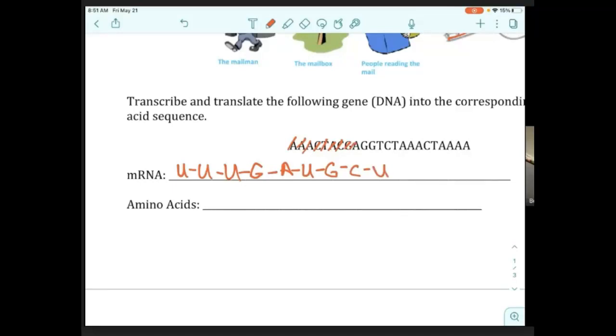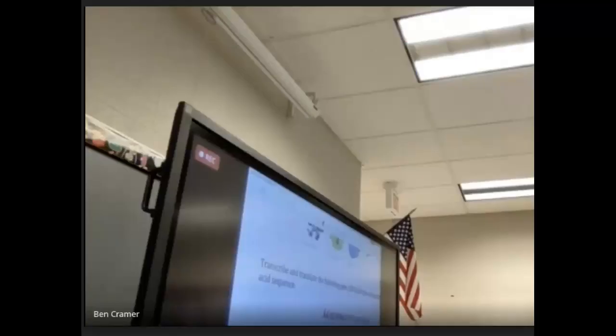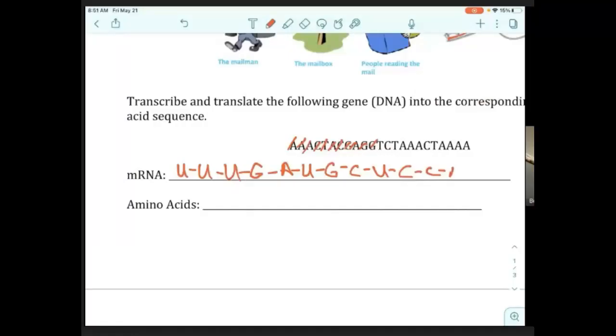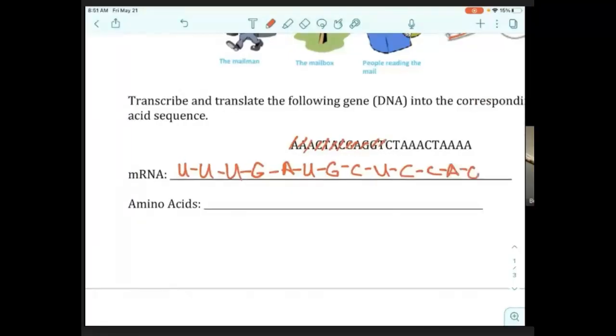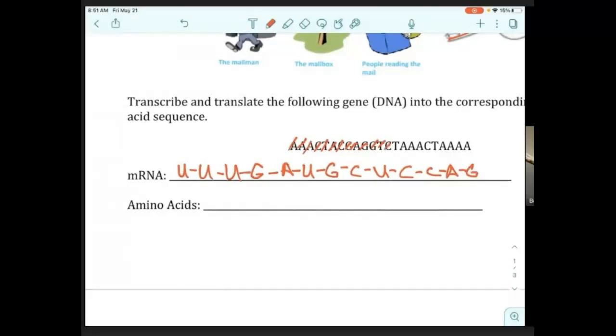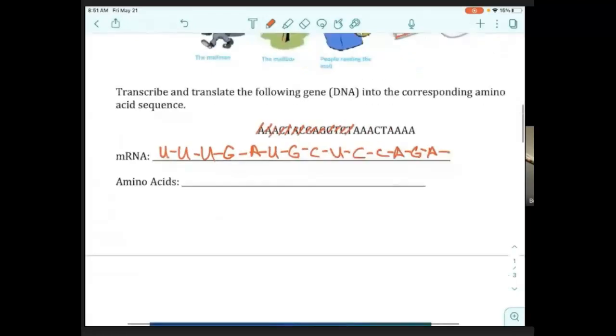An A, a C, C, A, G, A, U, U, U, G, A, oh man, and then 4 U's at the end, U, U, U, U. That would be the mRNA, right?